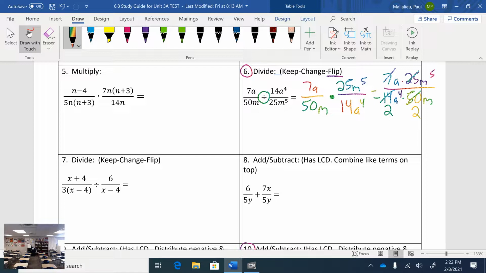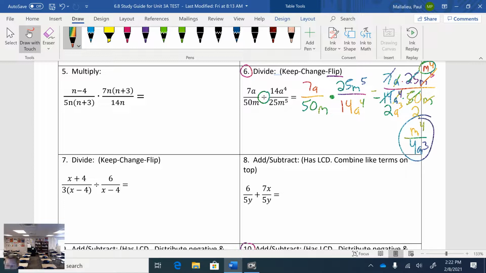So the 1a on the top is gone. One of the a's on the bottom is gone. So it went from a to the 4th to a to the 3rd. Same concept, just with a different variable. We have 1m on the bottom. We have 5 of them on top, so we're taking away 1 from each location, so m to the 4th. So that would leave us with an m to the 4th up top. It's the only thing up here that didn't cancel out. And then a 2 times 2, which is 4, and a to the 3rd on the bottom.